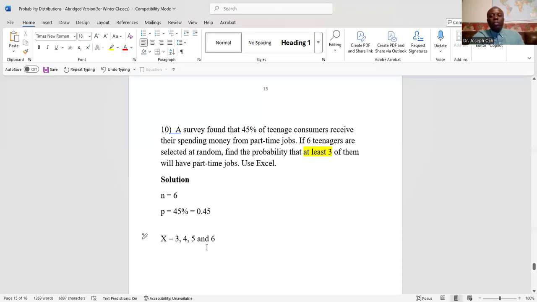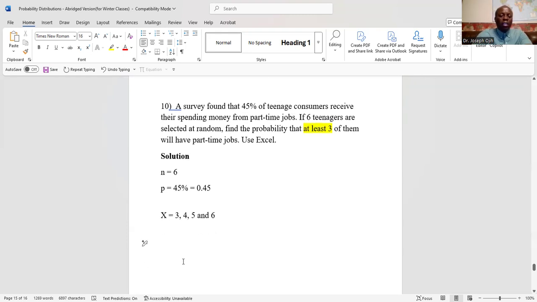Which means if you're using the formula, you calculate the probability of 3, then calculate the probability of 4 separately, then the probability of 5, then 6, then add all of them. That can take you 30 to 40 minutes, assuming you didn't make any mistake. Because of that, I'm going to use Excel.